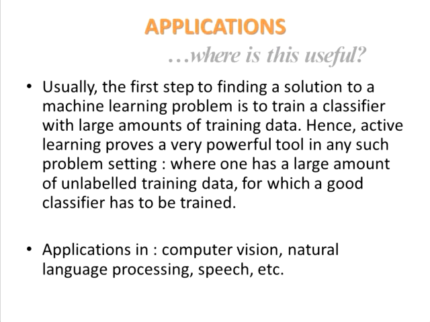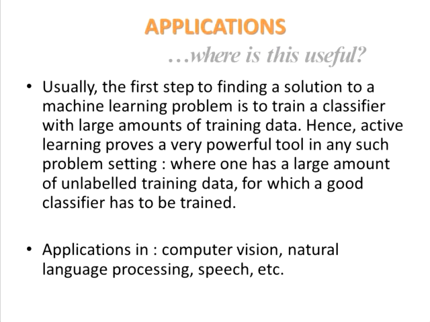Then you want to query for only some of that data, and you want to query intelligently. Random querying doesn't really help. So that's where the active learning setting comes in.